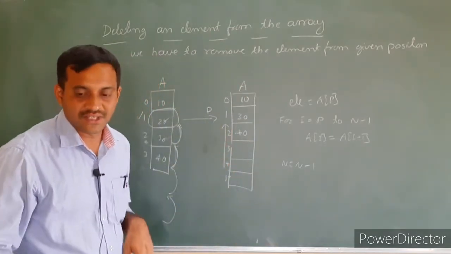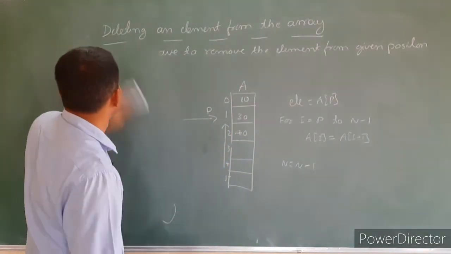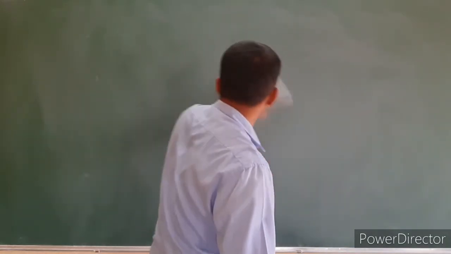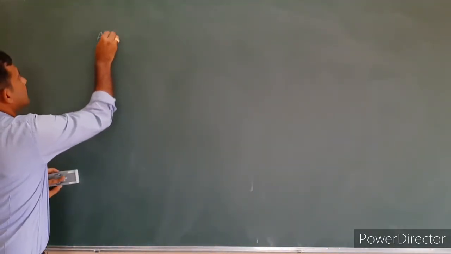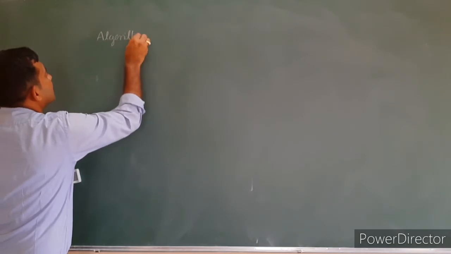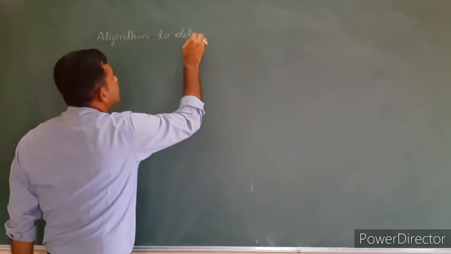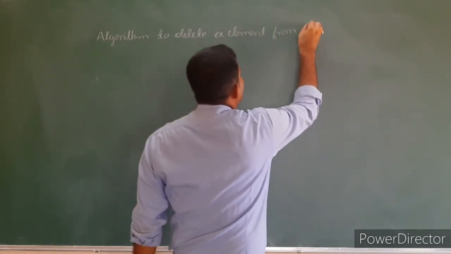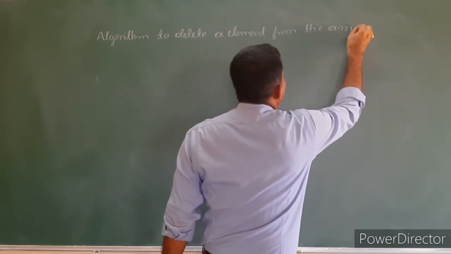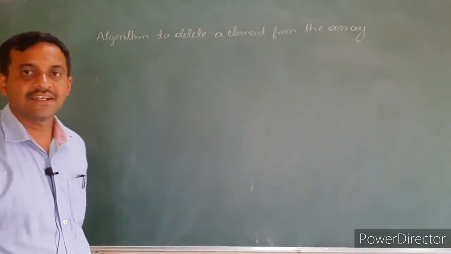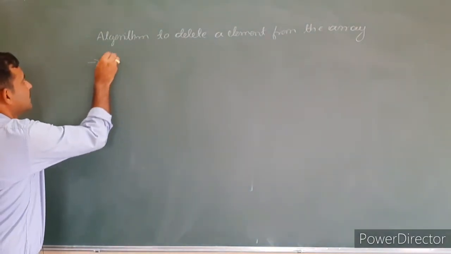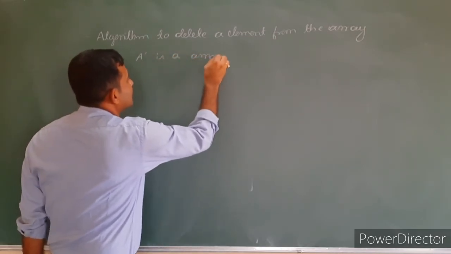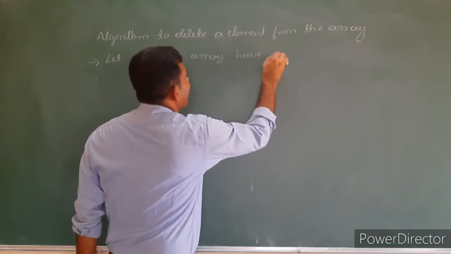Let's see the algorithm. Algorithm to delete an element from the array. Remove the element, that is delete the element from the array. For that, let A be an array that has n elements.